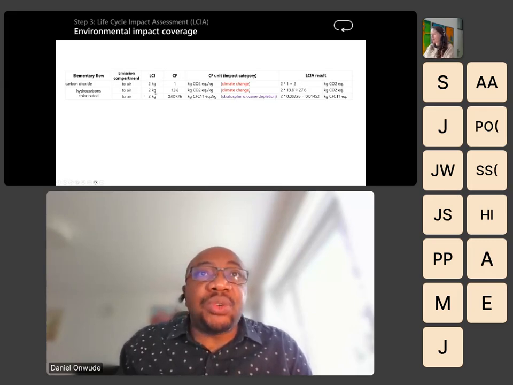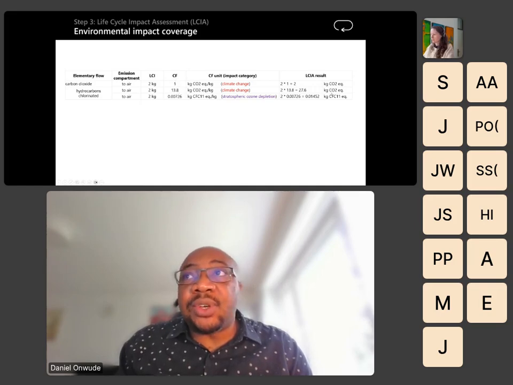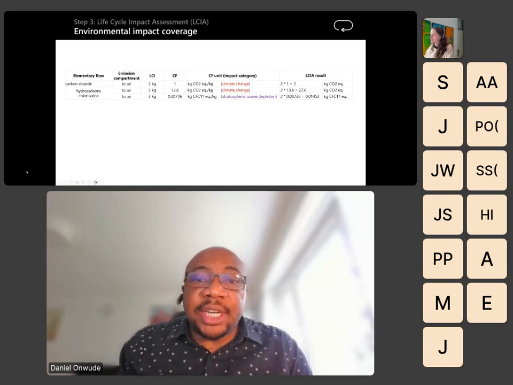And then if you look at 2 kilograms of hydrocarbon, and the characterization factor is 13.8, it gives us a much higher result, which is 27.6 kilograms CO2 equivalent. Now, what does this mean? So you can see that the elementary flow is very important.